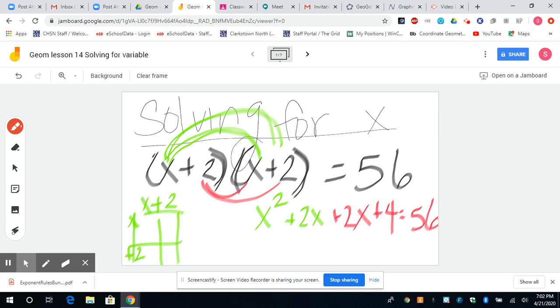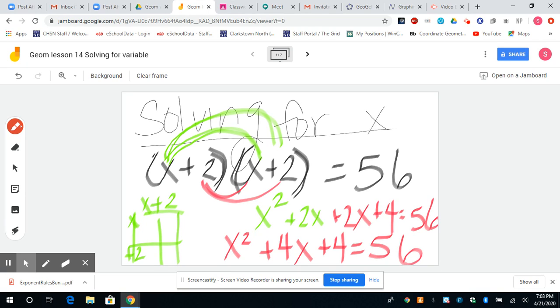We still have to isolate that variable. So here we get x squared plus 4x plus 4 equals 56.